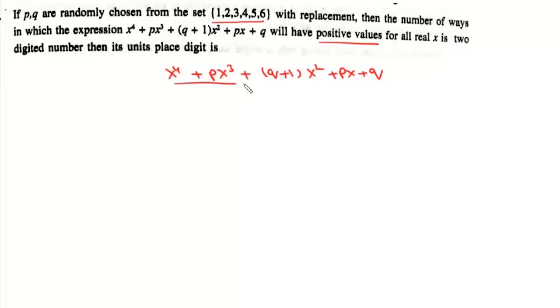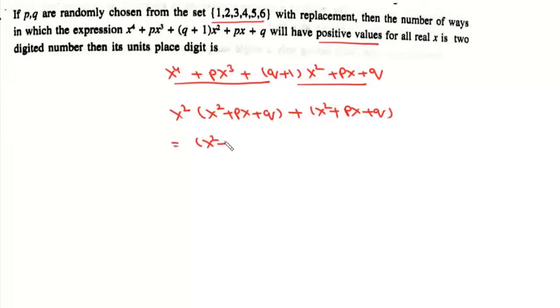Now we'll take these two together, and these two together we can write x square, and here will be x square plus px plus q plus x square plus px plus q, which is x square plus 1 into x square plus px plus q, and it should be greater than 0 for all x belongs to R. Now this is always positive, so this quadratic expression should be greater than 0, and it will be greater than 0 if D is less than 0.